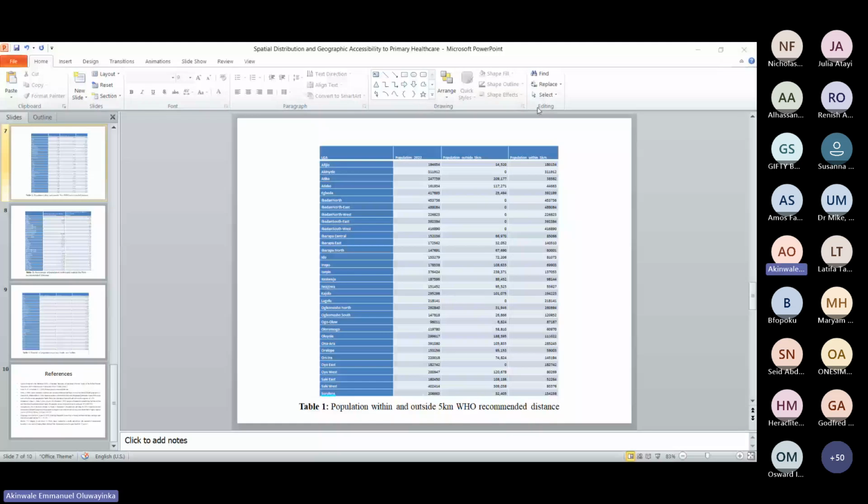So this is what is really on the ground, and the government can look into it in order to know which local governments have fewer primary healthcare facilities to serve the population. So thank you for listening.